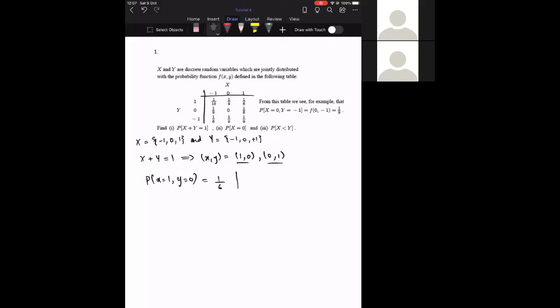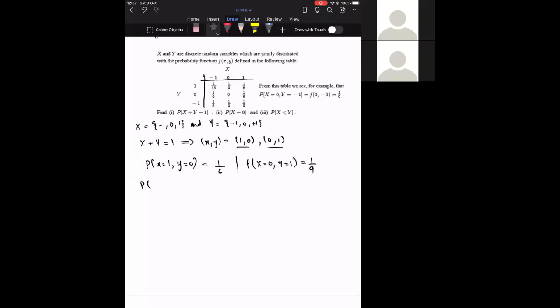And then we have the probability that x is equal to 0 and y is equal to 1, given as 1/9. So the probability that x plus y equals 1 is 1/6 plus 1/9. And this just equals 5/18.